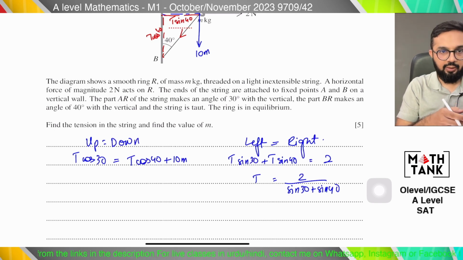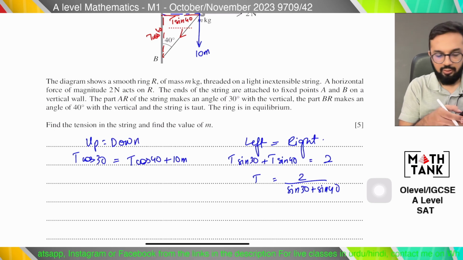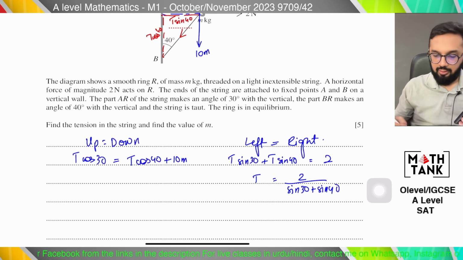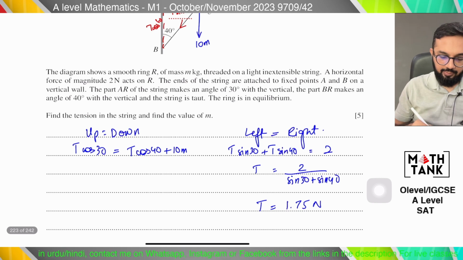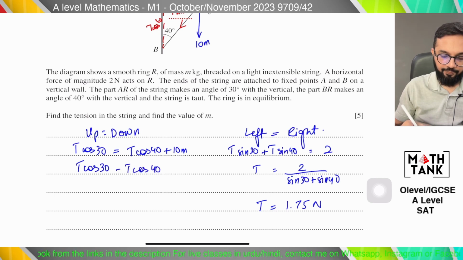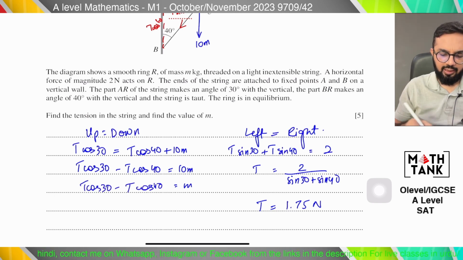So T should equal 2 over (sine 30 plus sine 40). Let's see if we get T correct. Then we will go on and calculate m. That gives me 1.75 newtons, and plugging that in, T cos 30 minus T cos 40 equals 10 m, and m is therefore T (cos 30 minus cos 40) over 10. I'm going to use the exact value from my calculator.